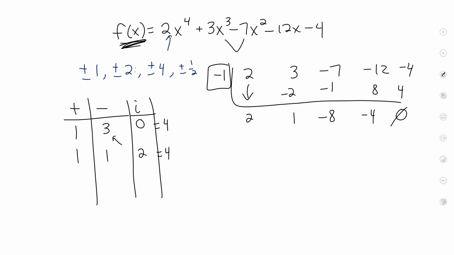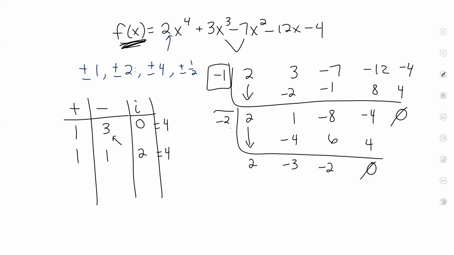So I have a greater chance of finding my answer if I test a -1 first. Okay, so that's one of my answers. Let's try -2 this time. Maybe that's an answer. -4, -3, 6, -2, 4, 0. Yay, that worked. So that's an answer.